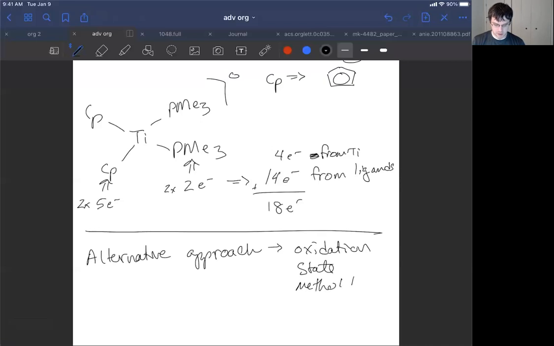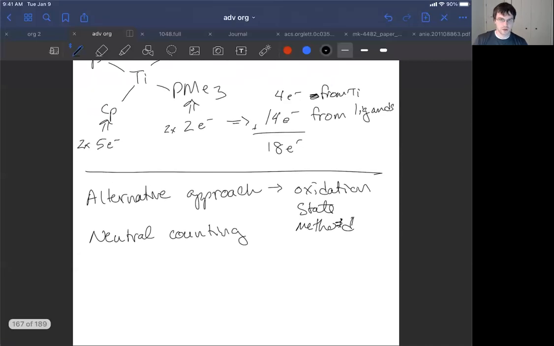So the neutral counting approach does this. You say that the total electrons is equal to this kind of sum. We have the electrons from the metal.